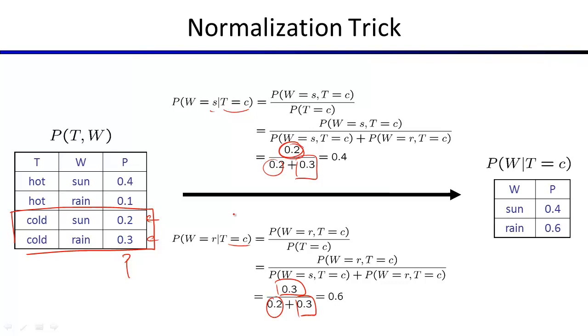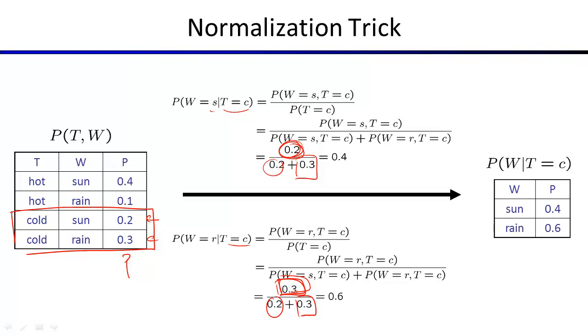If we're interested in rain, the 0.3 will pop up. And then what we divide by is always the same. In fact, what we divide by doesn't even really matter. Why doesn't it really matter? Well, what we divide by is always the same thing, the probability of cold. We know that we can get that after the fact.